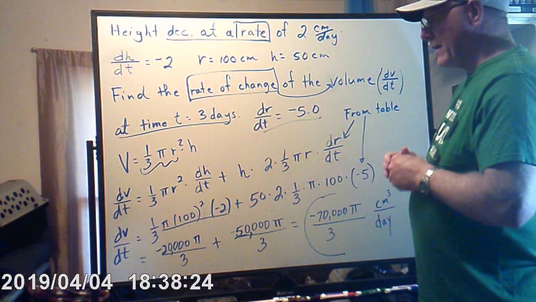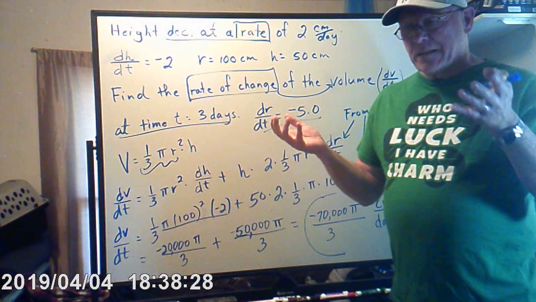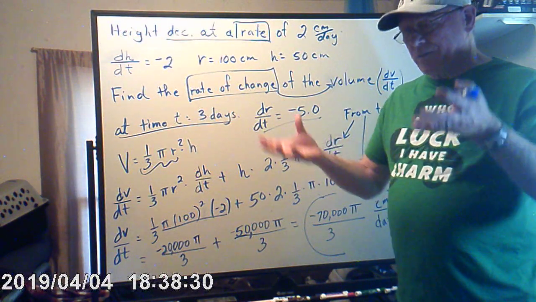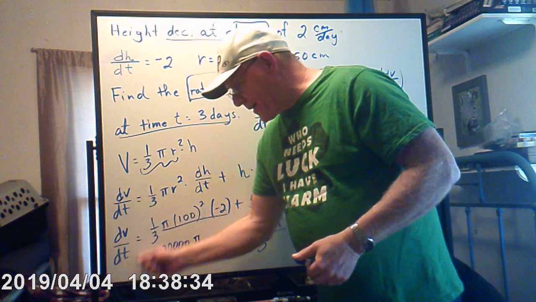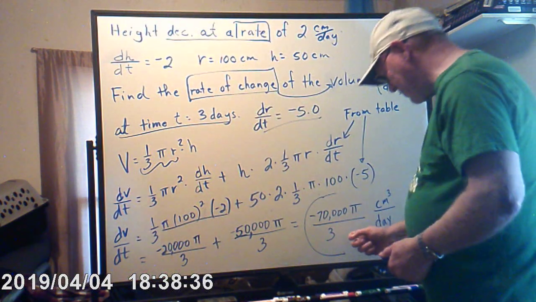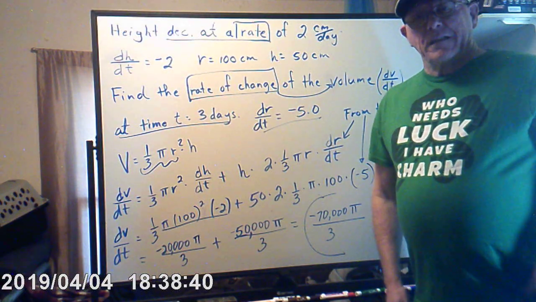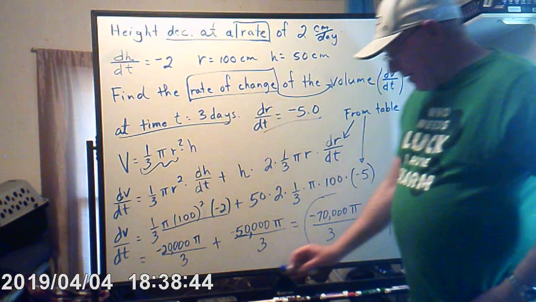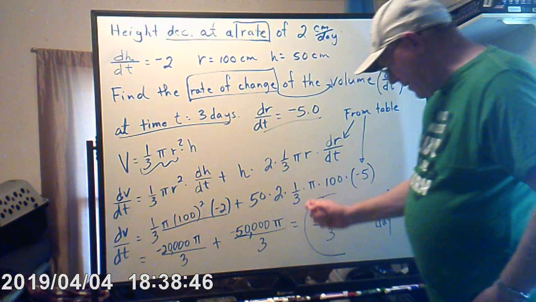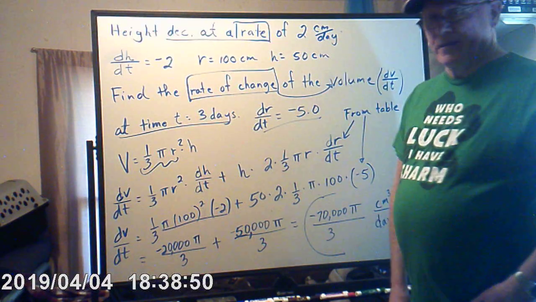Okay. And of course, if the height and the radius are all decreasing, certainly the rate of decrease in the volume is going to be a negative number. Alright, and if you say decreasing at a rate, then you don't put the negative sign there.